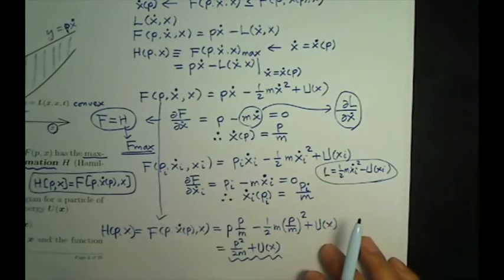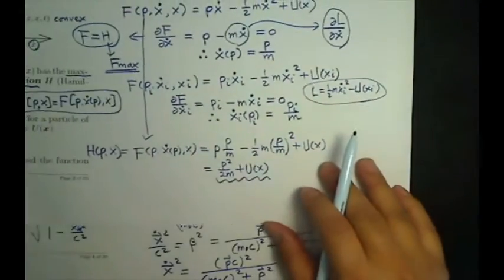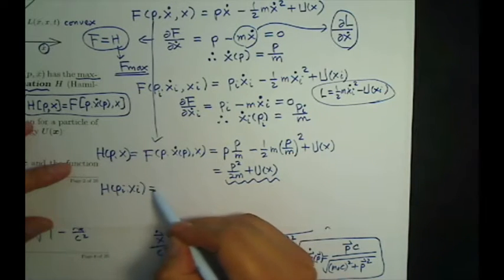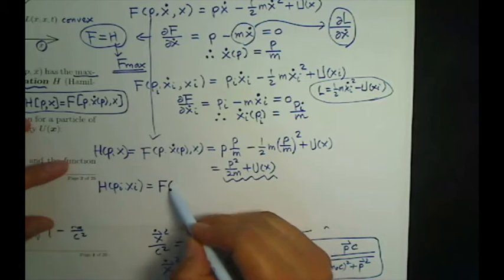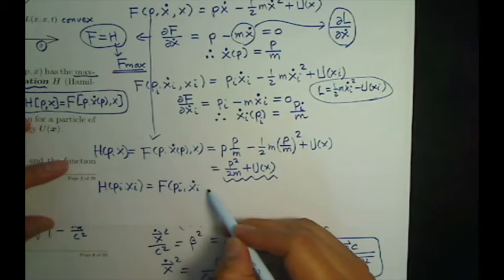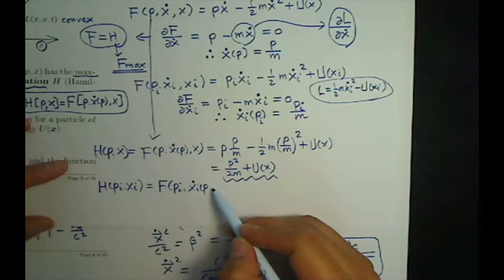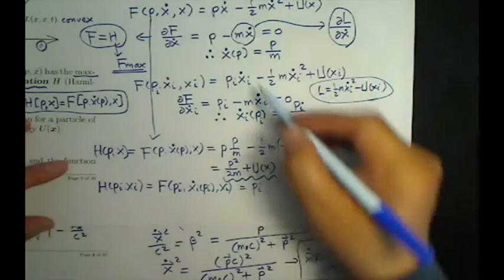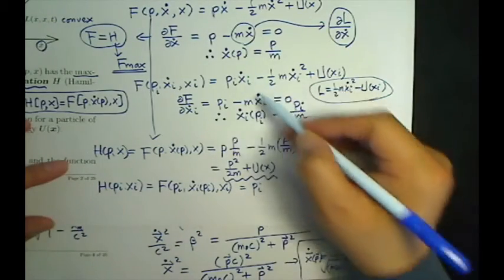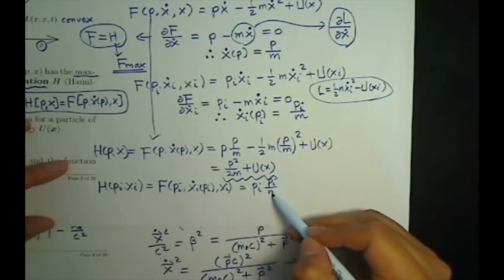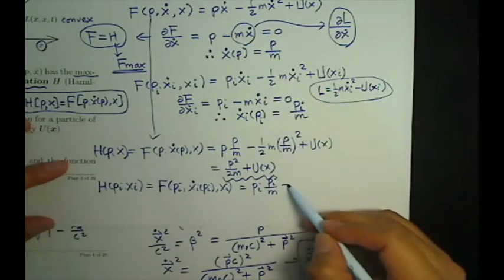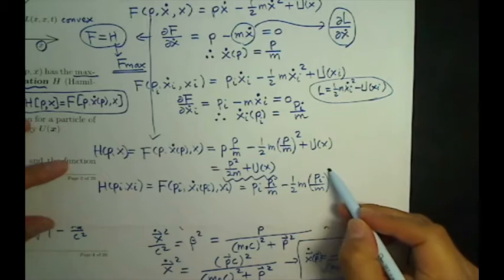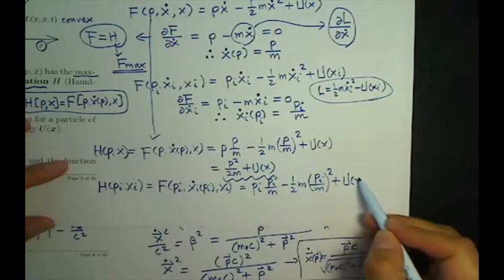If I do the same job for the three-dimensional case, the result is quite similar. f of p i, x i equals p i times x i dot, where x i dot is replaced by p i over m, minus 1/2 m times (p i over m) squared, plus the potential energy.